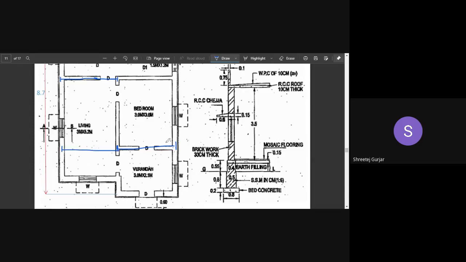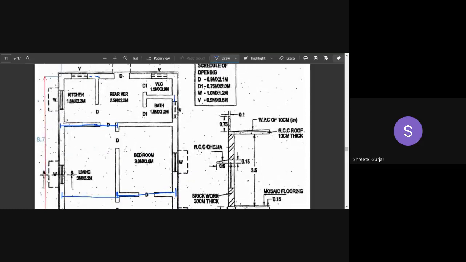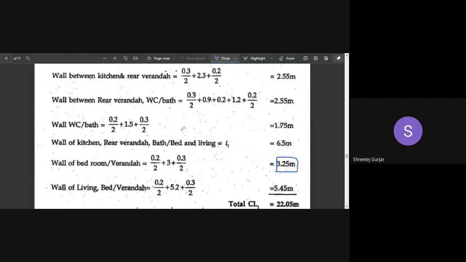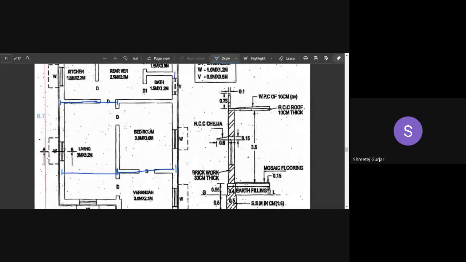So the calculation we have done will be applied to this also. So let us just calculate. This is a center to center length we are calculating. So it will be 0.3 by 2 plus 3 plus 0.2 by 2. So it will come up to 3.25, okay. And we need to calculate this length also, center to center length from here to here.